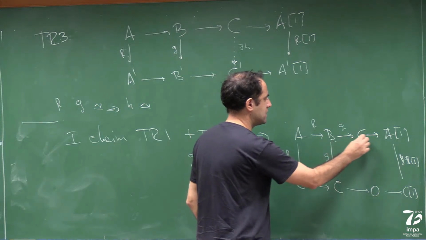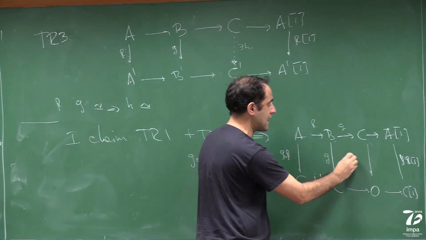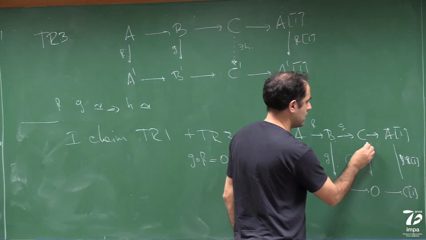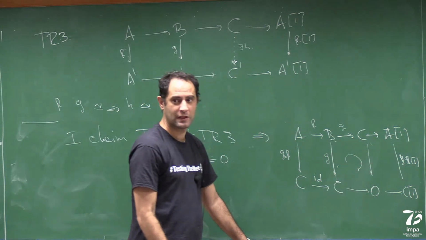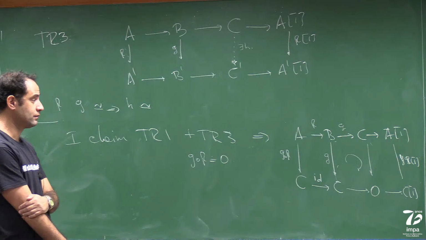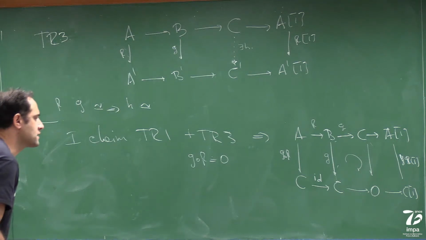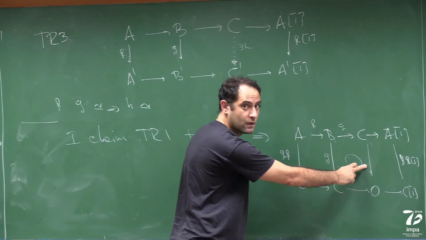Now what I would want, this is 0 and this is 0, so this guy commutes. And now this is 0, and I need to check why this composition here is 0. Oh, but then it doesn't matter. So now we know that this diagram commutes for these 3 guys.